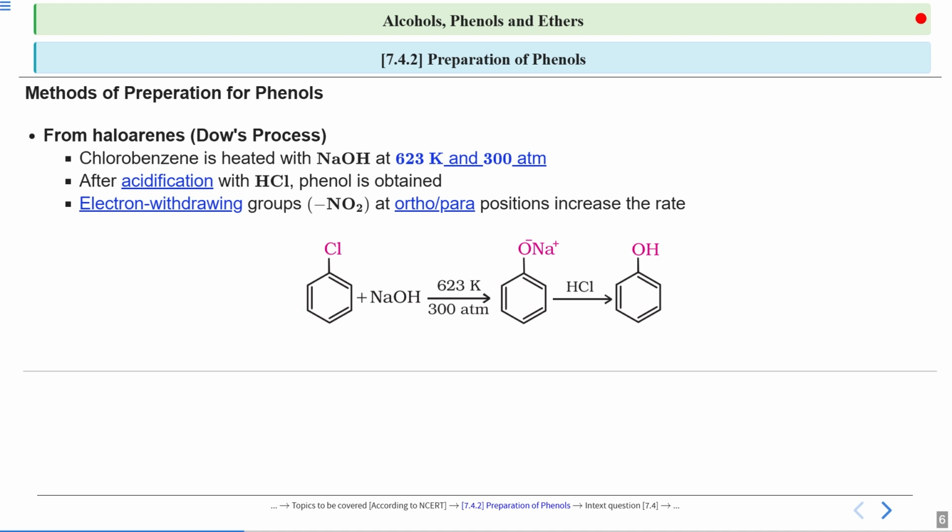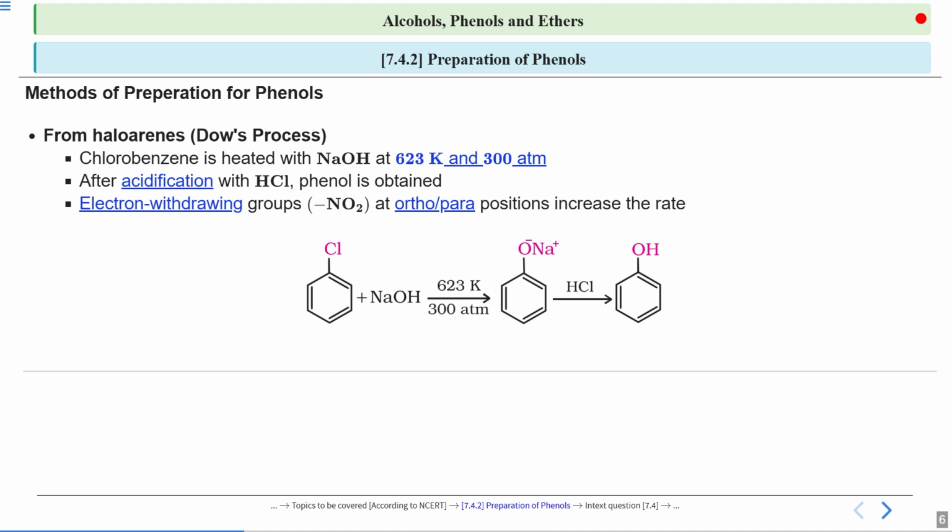Then when you do the acidification of this intermediate with HCl, the Na positive will be removed and make a side product with Cl negative, and the H positive will be attached to the O negative of phenoxide, and you will get phenol as a final product.